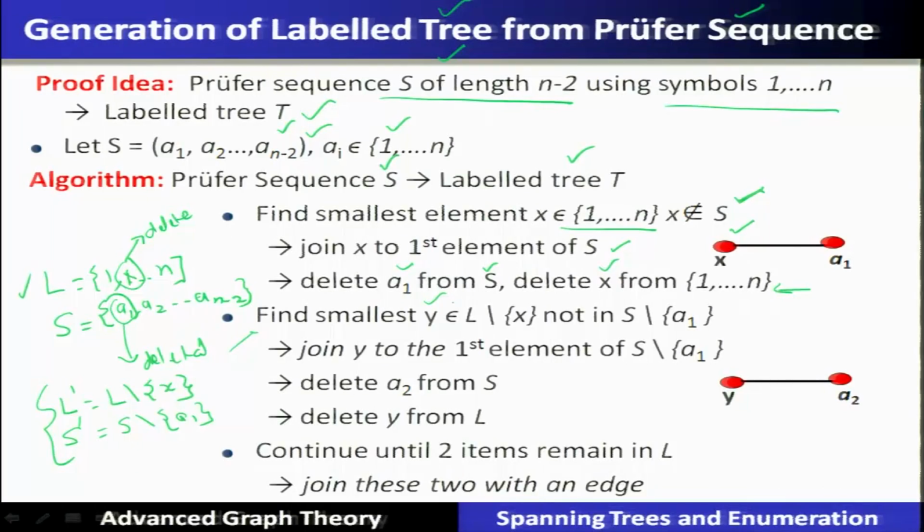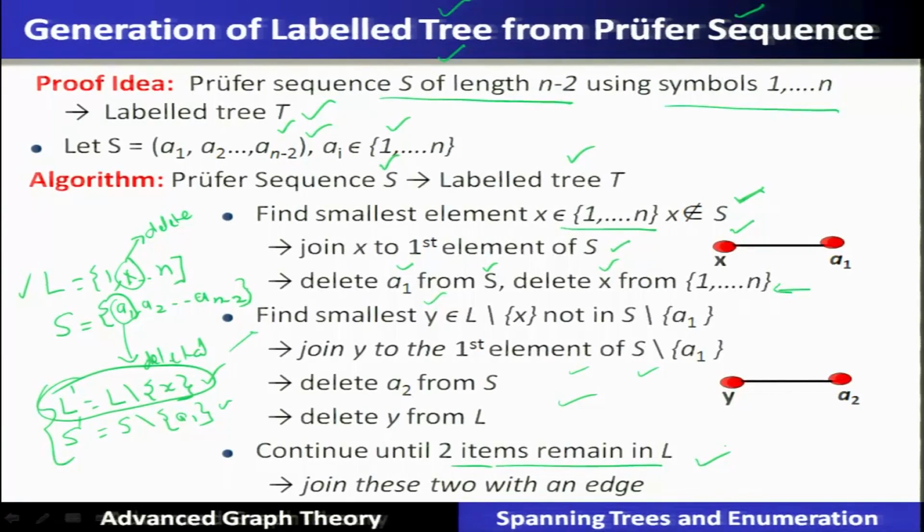Again we are going to find the smallest label which is not present in the modified sequence S prime, and we are going to join this element which has the smallest label with the first element of S prime, and we add an edge, and then we will remove these two elements from the list. Again we are modifying, and we continue to iterate until two items remain in L.